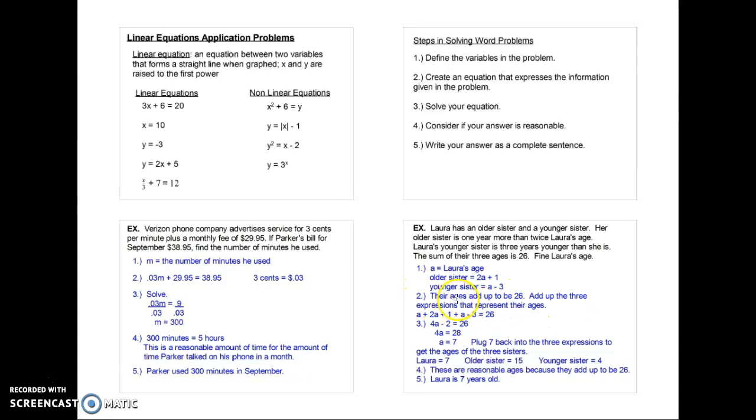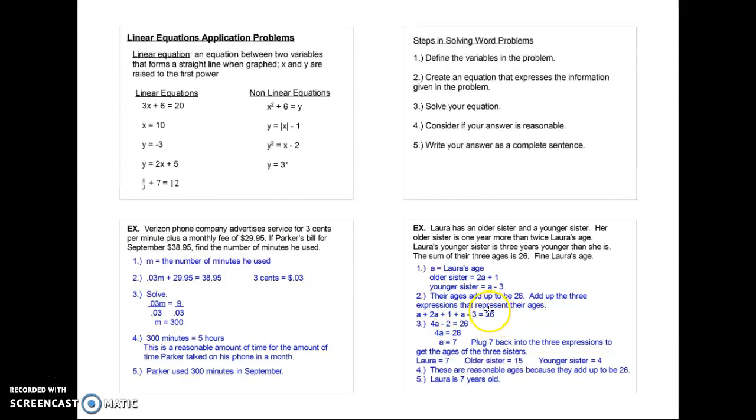So I know that it says the sum of their ages. So that means that I'm adding them all together. Okay, so I have A, which is Laura, plus 2A plus 1, which is her older sister, plus A minus 3, which is her younger sister. I'm adding all 3 of their ages together because their sum is 26.